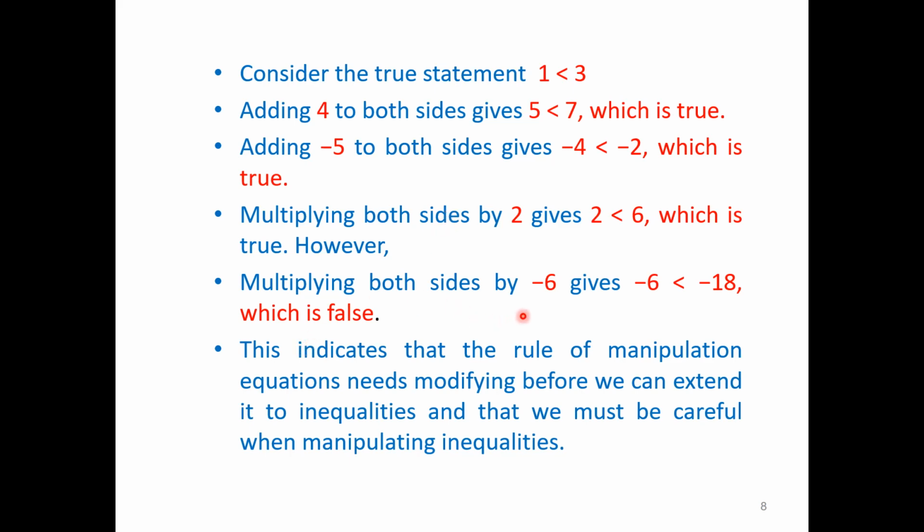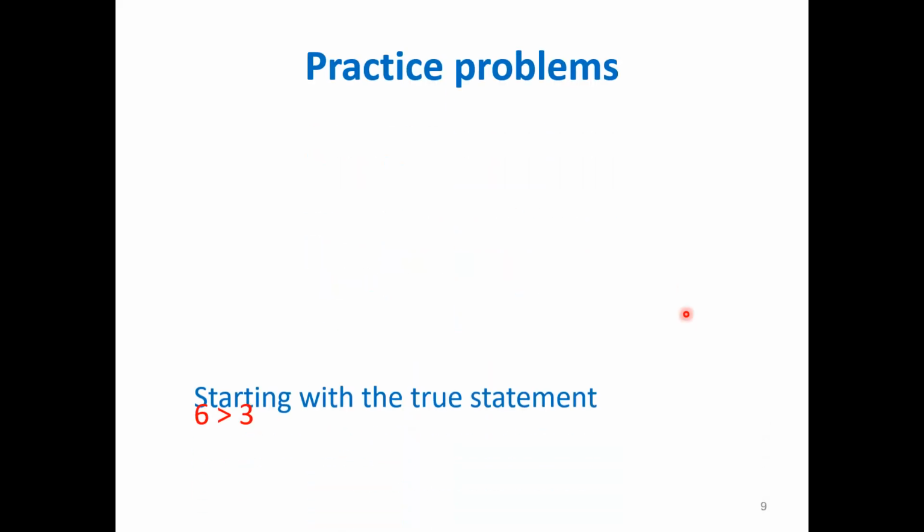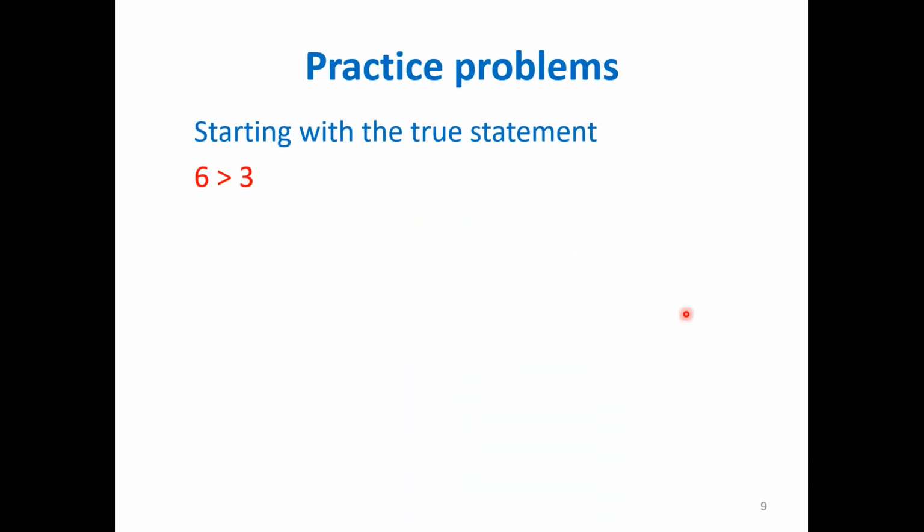However, if we multiply by a negative number or divide by a negative number, we have to do something to make sure that our operation is correct. To emphasize this, let's start with this example. Let's see this statement.